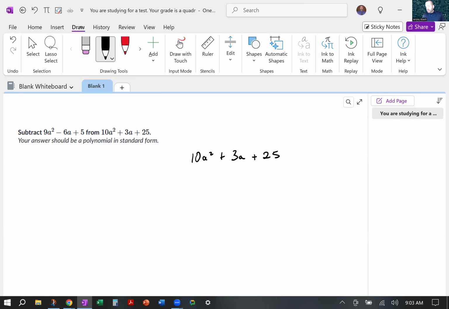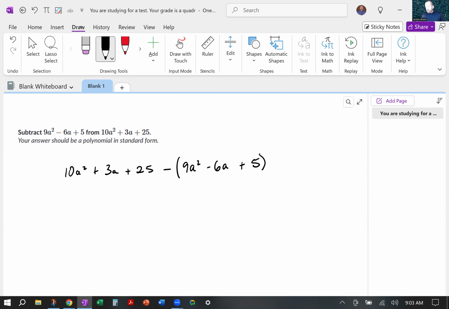I was going to write it in columns, but I think it might be easier if we write it like this. So we're going to say minus all in parentheses 9a squared minus 6a plus 5.